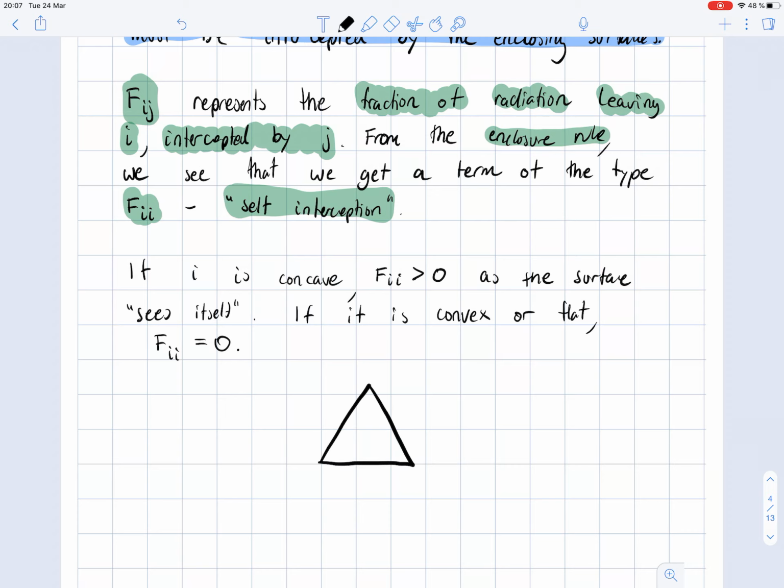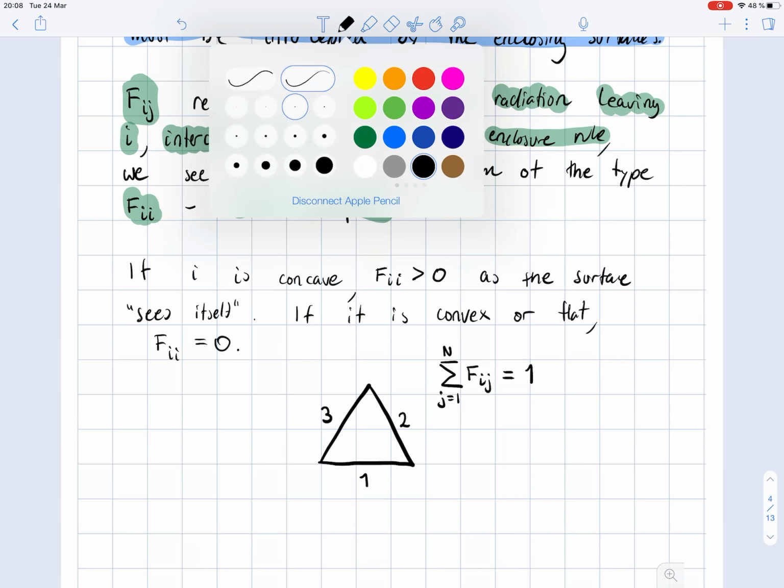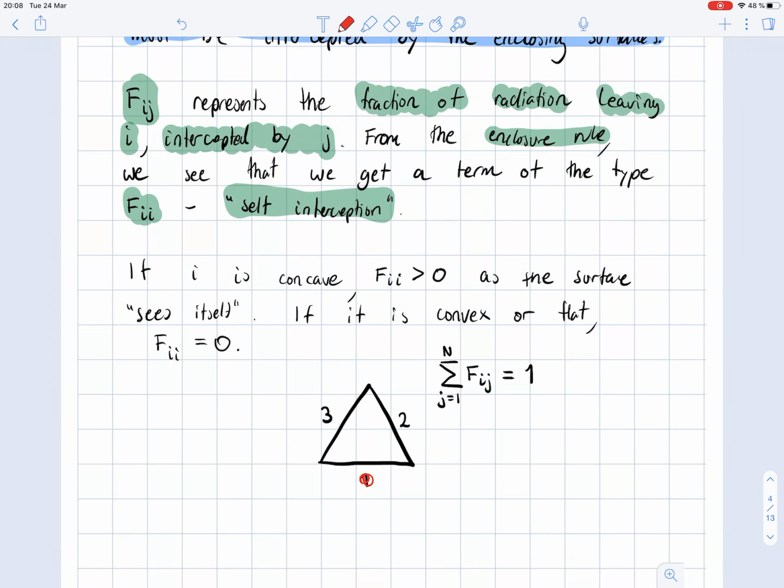So we will have, let's say, 1, 2, 3, and we do the enclosure rule, the sum over j equals 1 to n of Fij should equal 1. i can be any one of these surfaces, but let's choose surface number 1 for the sake of this example.